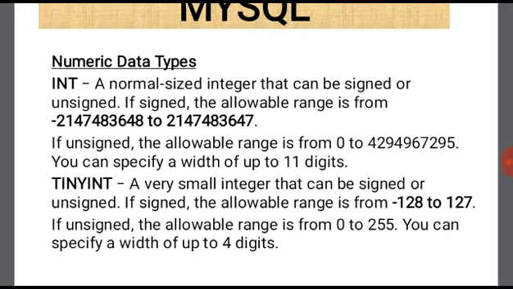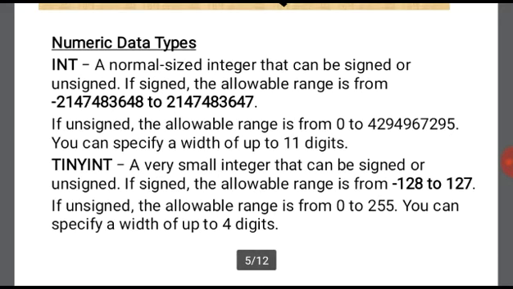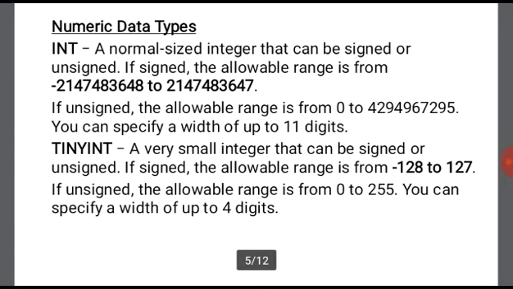For example, if we want a signed data type, where the value is between -2147483648 and 2147483647, that is quite a big range, then we consider it an integer data type.